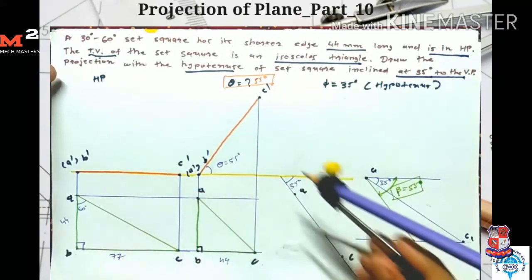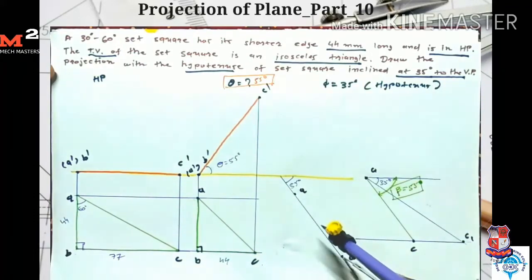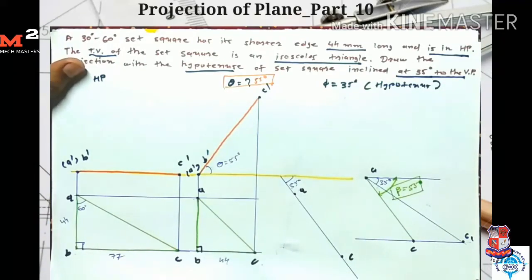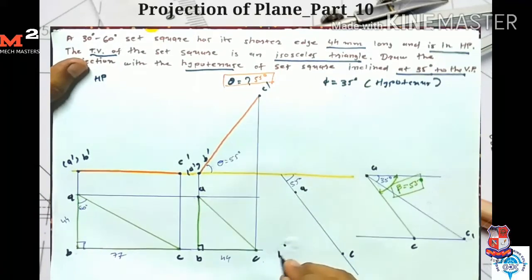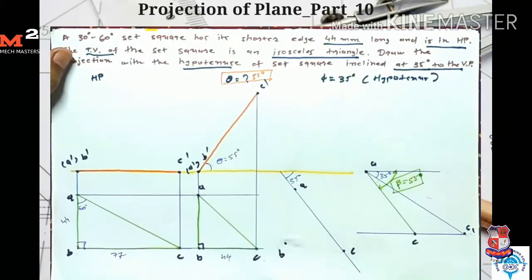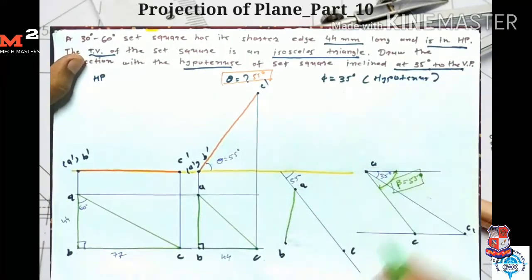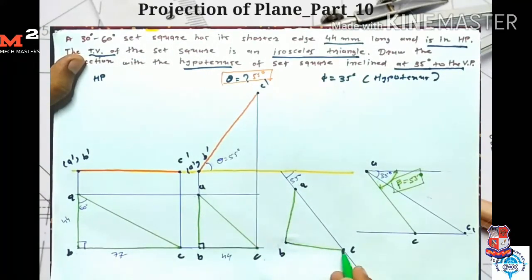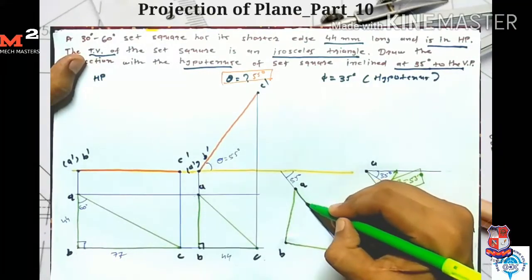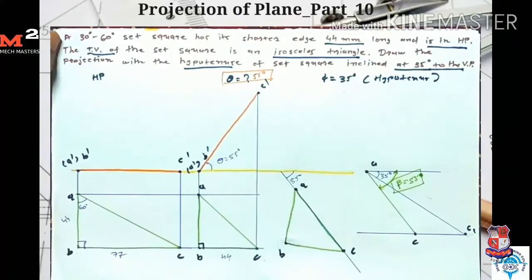I take A as a center and draw one arc here. Now I take C as a center and draw one arc here. So here I get my point B. After joining AB, BC and AC, I get my top view for the third stage.